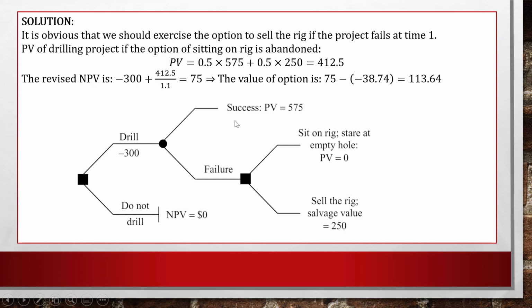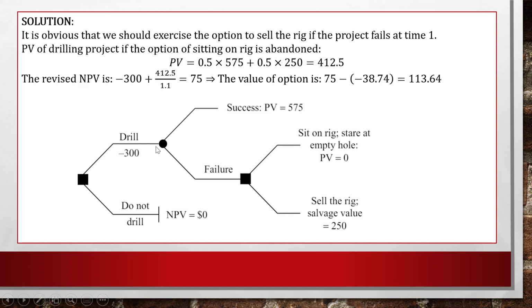So we have only two possible outcomes: success, PV 575, and fail, 250, with equal chances, 50% success, 50% fail. So we take the weighted mean: 0.5 times 575 and 0.5 times 250. We got 412.5.